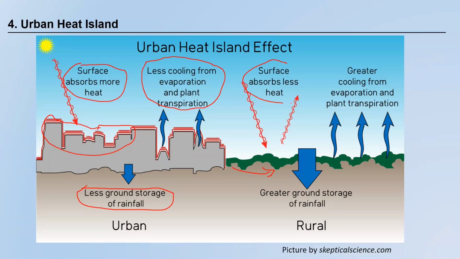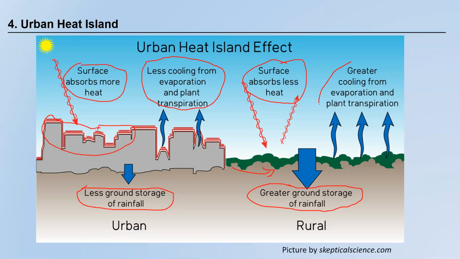Surface absorbs less heat in rural areas, and there is greater ground storage of rainfall. And when water penetrates soil, it still evaporates, and it will bring a lot of heat off the ground during the process of evaporation.